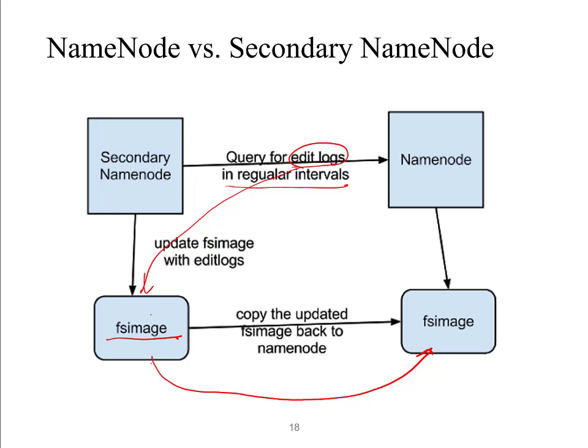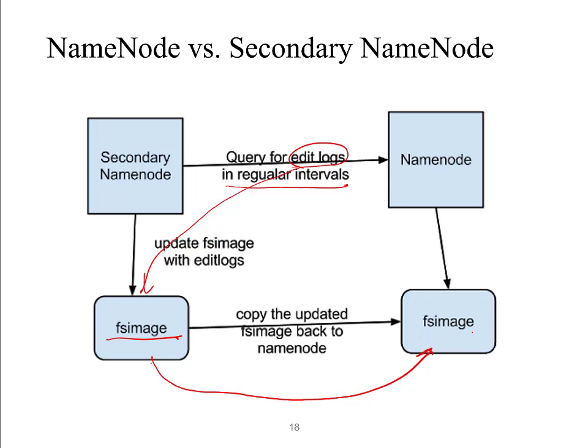So as you can see, the name node does not directly update the FS image, or the name node only combines the FS image with edit logs to get the newest status of all the files.